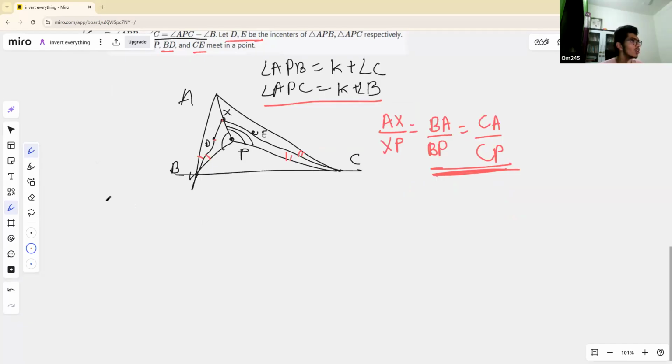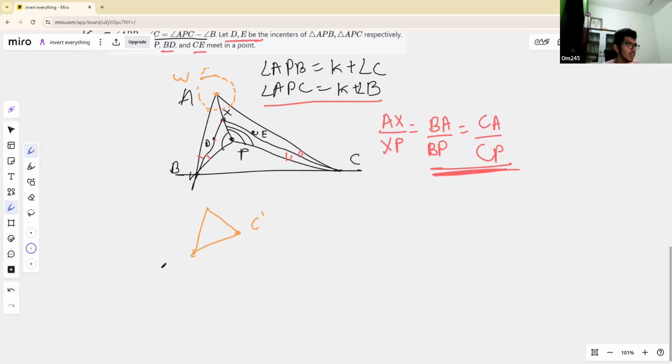So the way we do this is we consider some circle around A. Suppose this circle is omega with center at A. And now we take the inversion image. Once we take the image of this, it will go something like this.